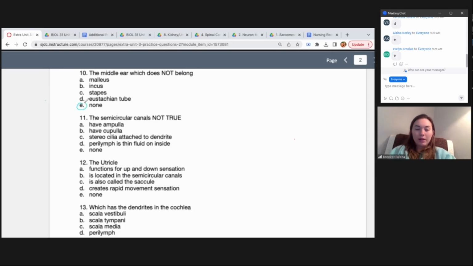So E is the correct answer. The malleus, incus, and stapes are the bones of the middle ear. And then the eustachian tube or pharyngotympanic tube equalizes pressure between the outside air and the inside air. And that's also part of the middle ear. So the answer here would be none. Question 11, the semicircular canals, which is not true.